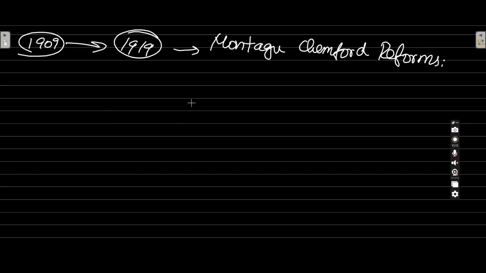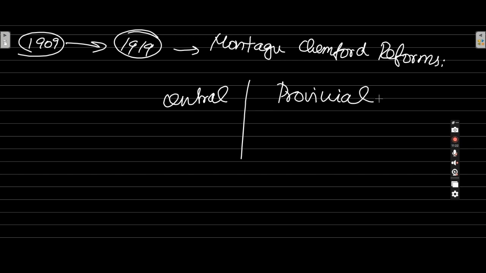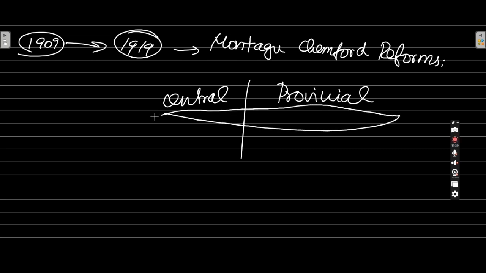So a lot of changes were there of central and provincial. That's one of the important changes. Like still, this is being followed. I think most of us will be knowing in terms of central and state governments. So it also expanded the Indian representation in legislation and granted greater autonomy to provincial governments.